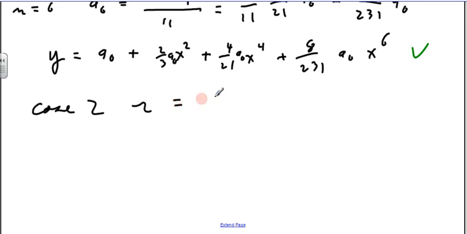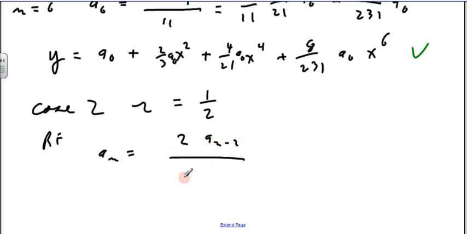r is equal to 1/2, I think. Still, yeah, 1/2. My recurring formula becomes a_n is equal to 2 a_(n minus 2) divided by 2n plus 1/2 minus 1.